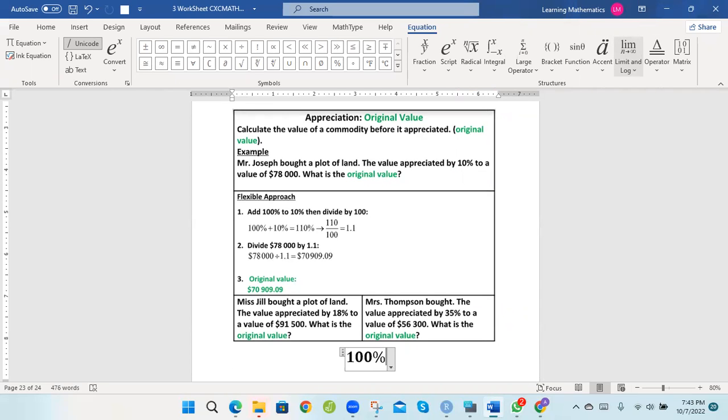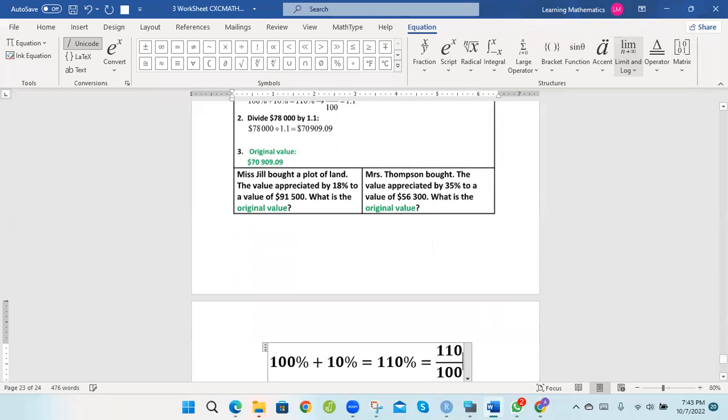And another rule also applies: because it's appreciation, you add. You add the 10%. You're going to get 110%, which is equal to 110 divided by 100. You're going to get 1.1.